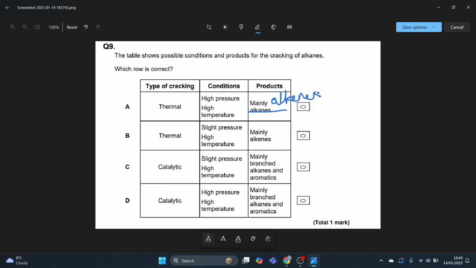That's false. It's not slight pressure, it's high pressure. So I can already cross out A, B. Catalytic cracking, slight pressure, high temperature, yes. Mainly branched alkanes and aromatics. Yeah, definitely.